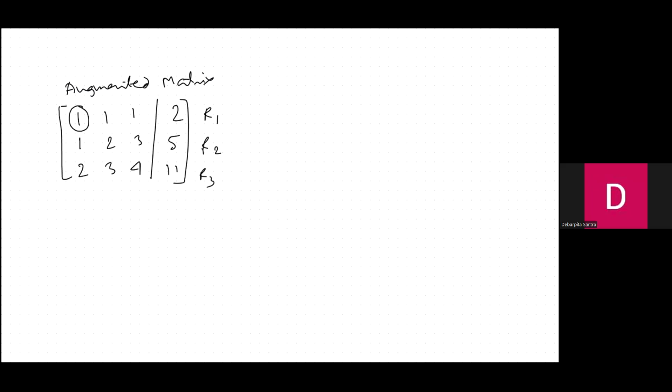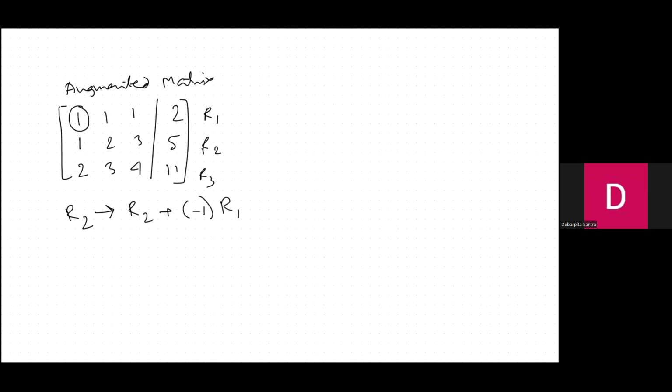This one should be 0, so R2 is equal to R2 minus R1, but this is not allowed in that form. So R2 is equal to R2 plus minus 1 into R1.